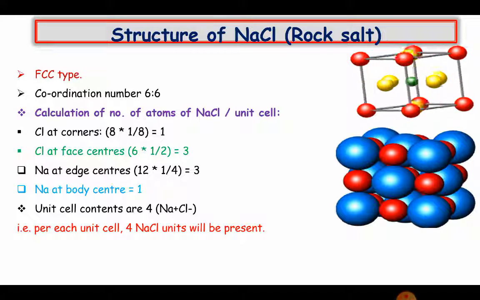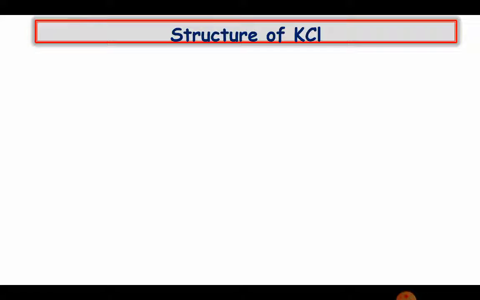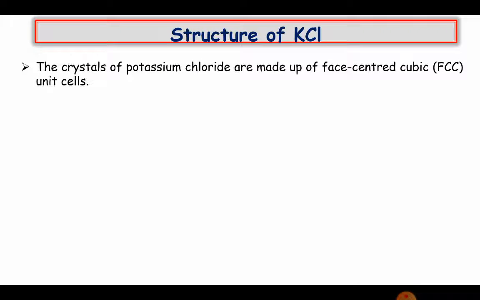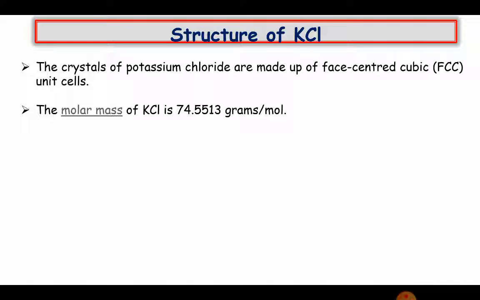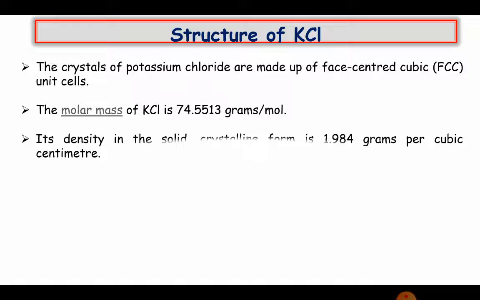This is the actual picture of sodium chloride, and this structure is obtained because of the X-ray diffraction method. Now the structure of KCl, and how KCl differs. KCl is again a face centered system, and the molar mass of KCl is 74.55 gram per mole.